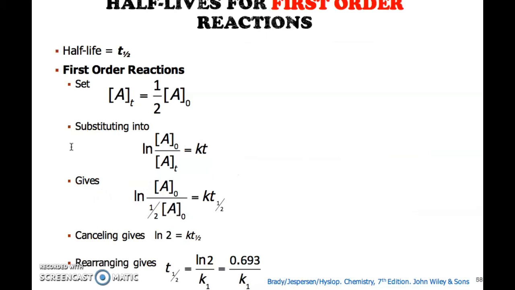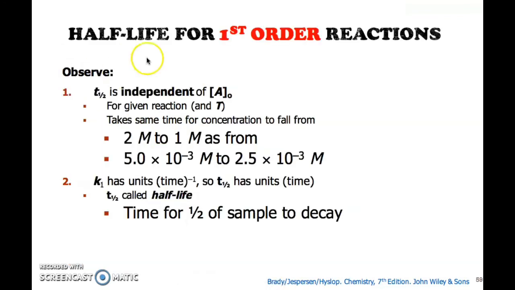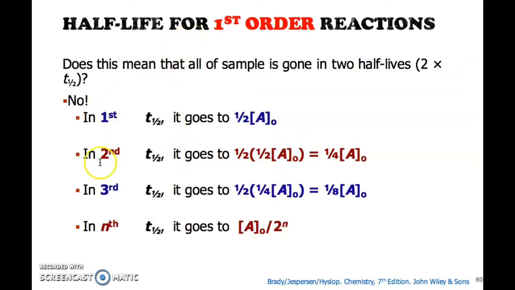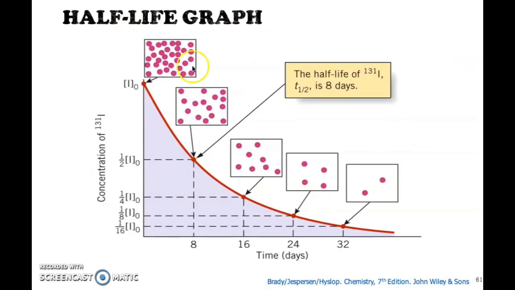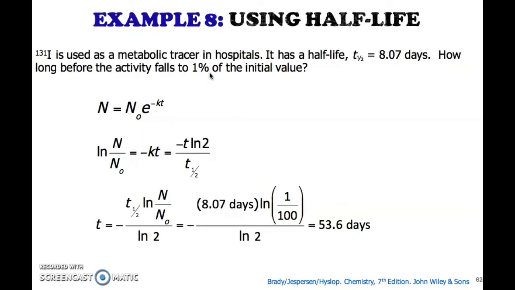When you look at the half-lives for first order reactions, this is the half-life for first order reactions, and this is still for the first order reactions, and this is for the second and the third, and this is the half-life graph, and this is an example when using the half-life.